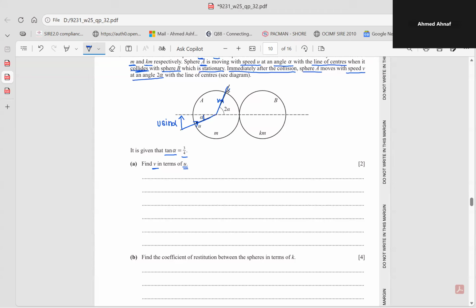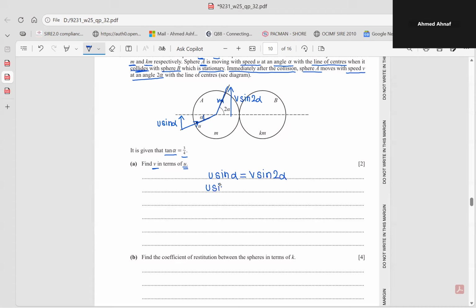However, after the collision, it changed to v sine 2 alpha. So these have to be the same. Therefore, u sine alpha must equal v sine 2 alpha. And now we're ready to solve.